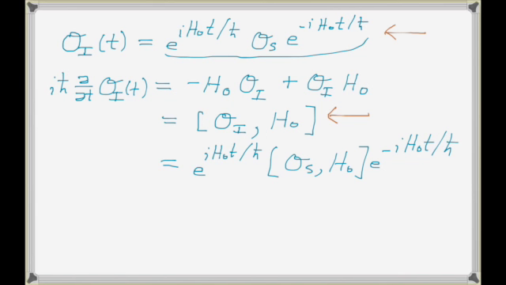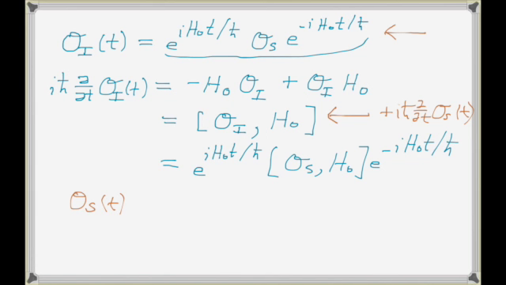And I guess here, if O_S is a function of t, then you'd probably have to add one more term. We had H' as a function of t. If this thing to start with is a function of time, then you would end up with one more term, plus iħ d/dt O_S(t). Is that right?